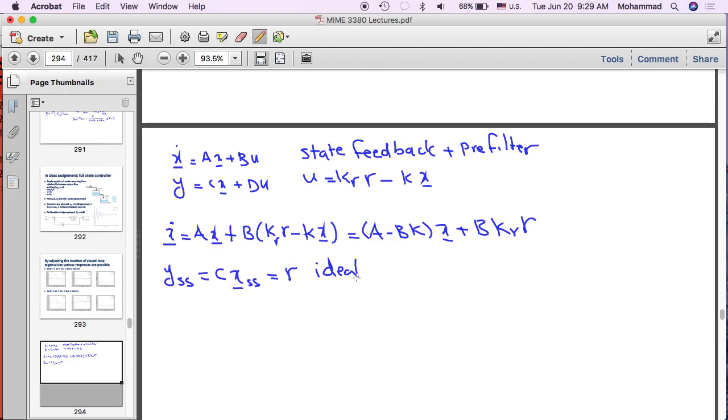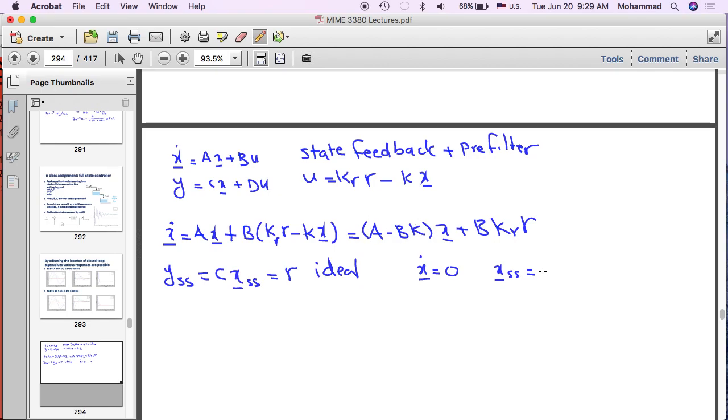But what is x steady state? We can calculate it from this equation. By setting x dot equal to 0, we can calculate x steady state. So if you set x dot equal to 0, you can calculate x steady state. X in steady state would be, this coefficient will be inverted.